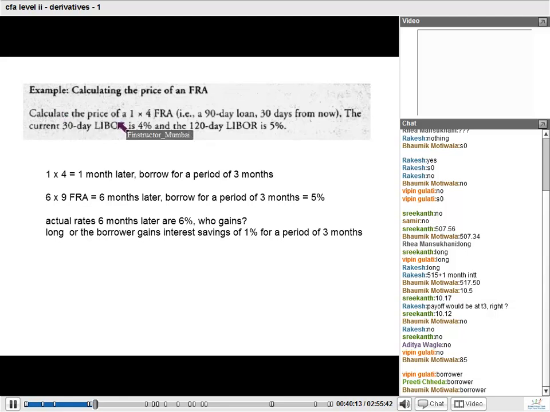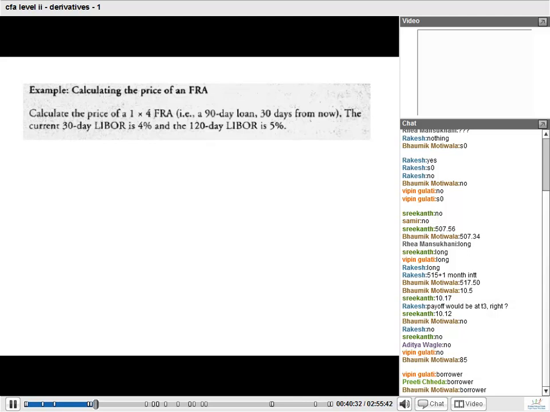Now calculate the price of a 1 into 4 FRA, that is a 90-day loan 30 days from now. The current 30-day LIBOR is 4% and the 120-day LIBOR is 5%. So currently, if you were to borrow for 1 month, you would have had to pay 4%, and if you borrowed for 120 days, you would have had to pay a rate of 5%.